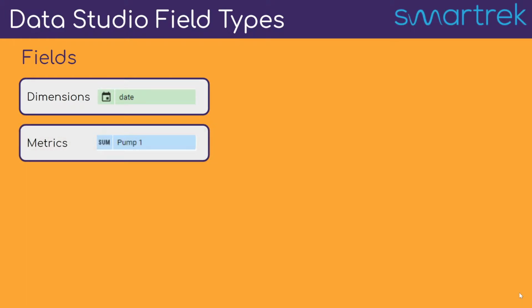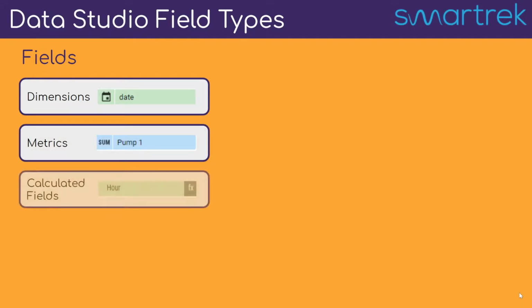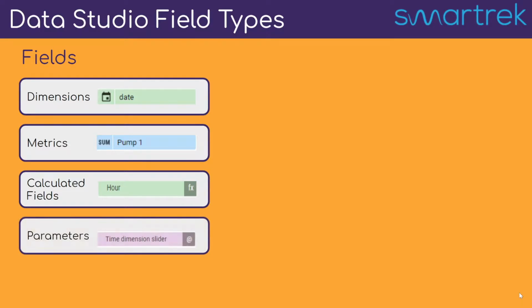Metrics appear as blue fields. Calculated fields appear either as green or blue fields, and there's an FX tag that appears next to the field name, and it indicates that it is a calculated field. And finally, you also have parameters that appear as purple fields.